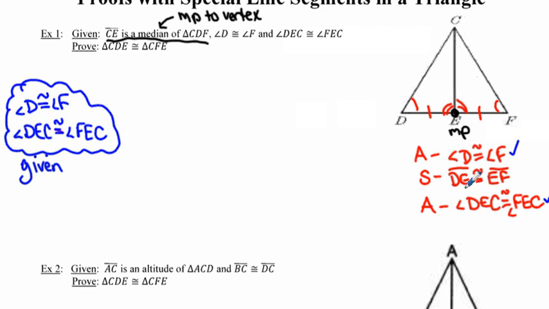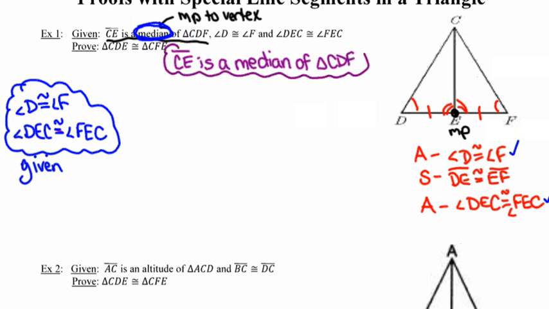Now I knew these segments were congruent to one another because I knew that E was the midpoint of segment DF. And the reason that I knew that E was the midpoint was because of this whole median situation. So I need to start with segment CE being a median. I know that's a true statement because it's given to me.